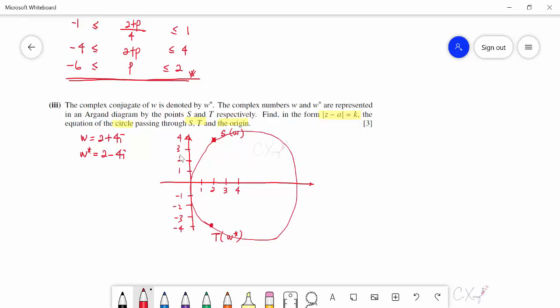So it passes through S, passes through T, and passes through the origin here. By using this Argand diagram, they actually want you to find out for the final answer the equation of locus for this circle. So you need to show them what is the center and what is the radius.